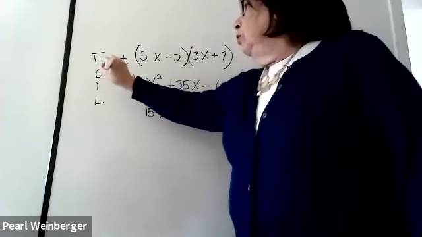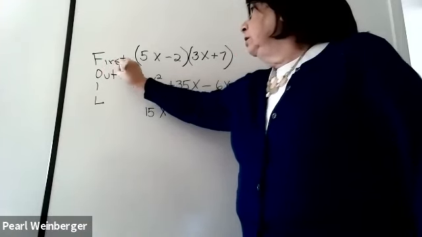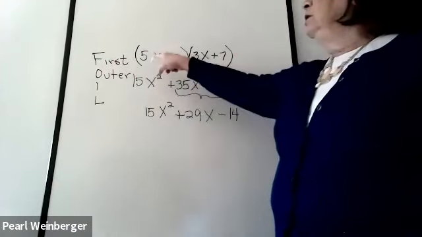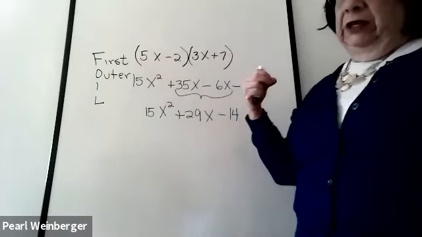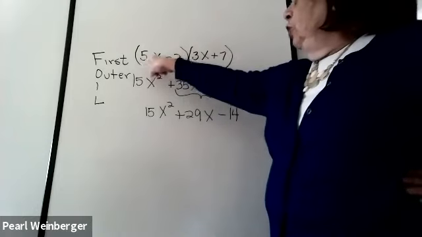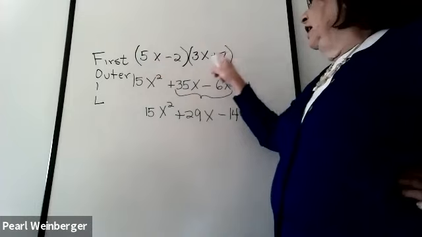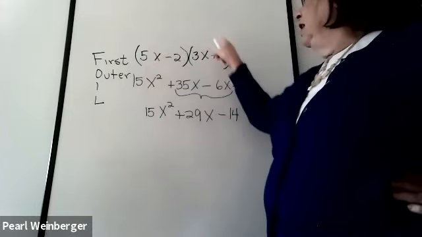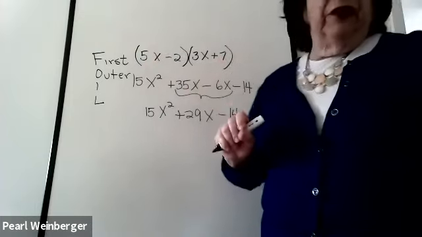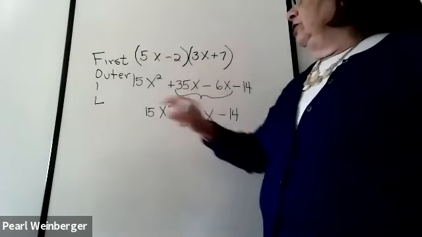Then we do O, which stands for outer. Outer means the two terms that are furthest away from each other. The first one and the last one, the 5x and the plus 7. Now, if we multiply the 5x times the 7, that's where the 35x came from. That's our second term.